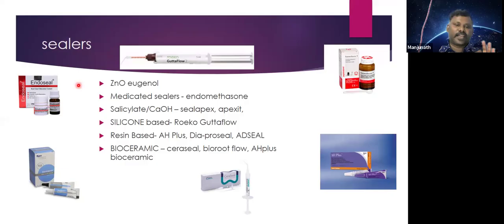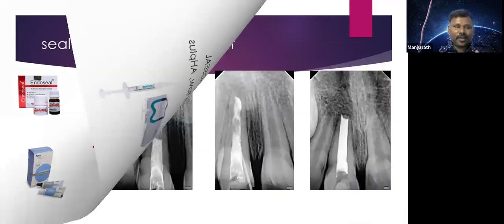The major canal is sealed by the GP, and the sealers can flow into the accessory canals and give a good apical seal.